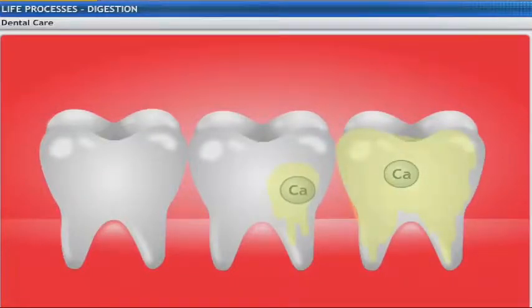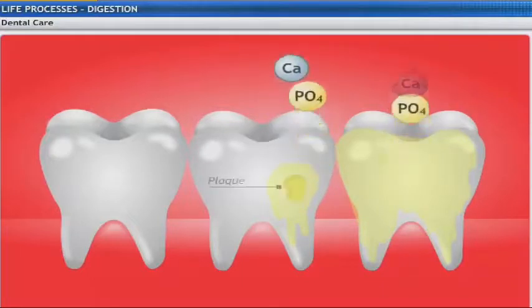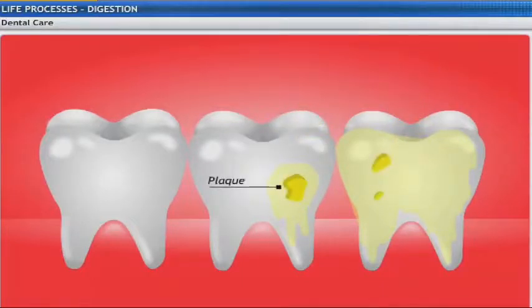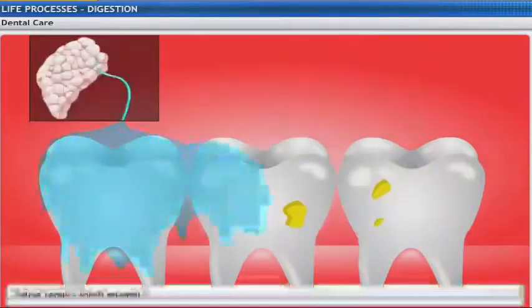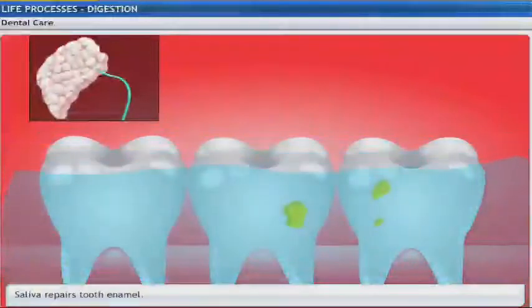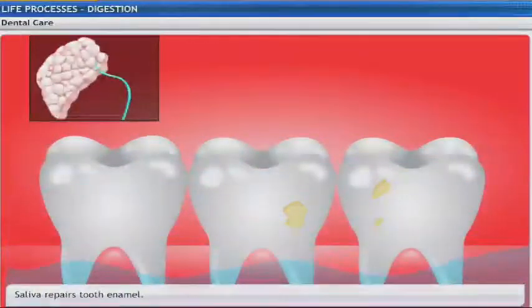This removes minerals like calcium and phosphate from the teeth and makes them susceptible to decay, thereby forming plaque. Saliva contains minerals that are used to repair tooth decay. At the same time, the buffering agents in saliva neutralize the acid.